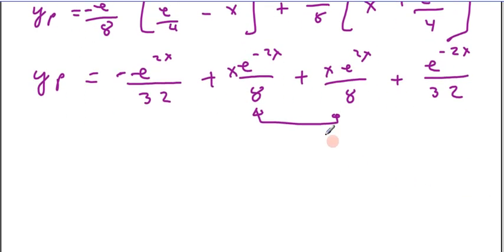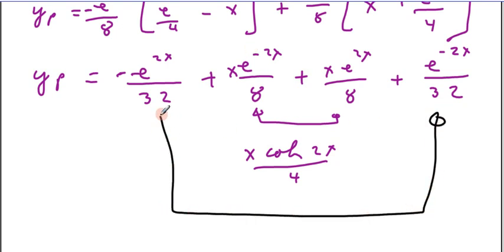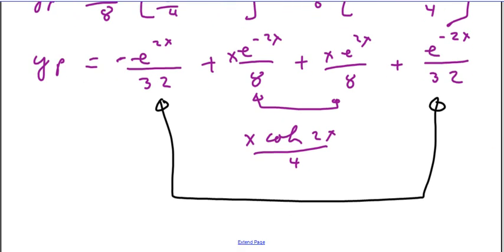Okay, that's good. I look at these guys, and I see that this is x hyperbolic cosine 2x over 4. Okay, and I look at these two guys, and I can see that they are hyperbolic sine 2x over 16. But the minus sign's in the wrong spot, so this guy is going to be a minus.